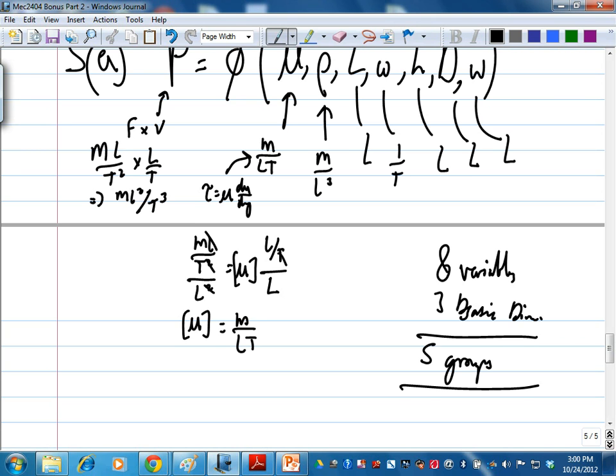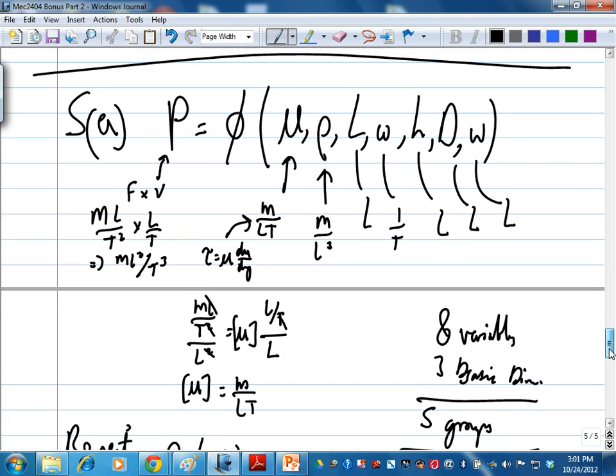They must contain all the basic dimensions, and they cannot form a dimensionless group on their own. So normally, if you choose rho, L, and one length, you can choose L, H, D, or W, whichever one you choose. But I'll just choose rho, L, and omega, the repeating variables.